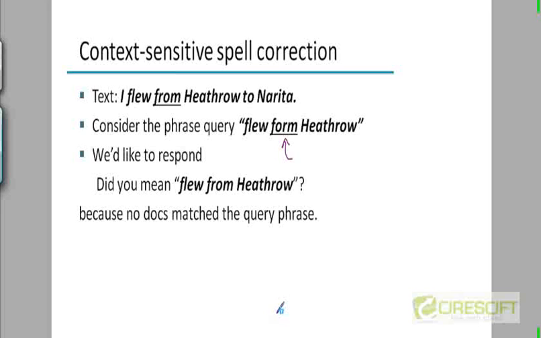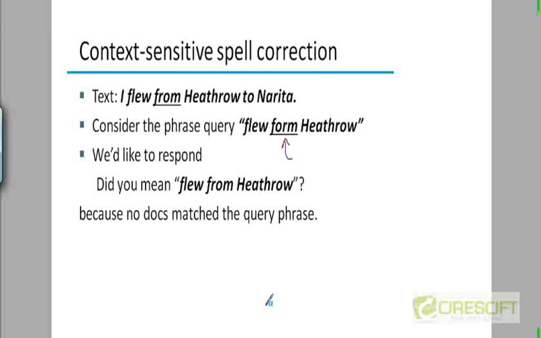Now Google does context sensitive spelling correction, and even versions of Microsoft Office after 2007 have context sensitive spelling correction. Before 2007, they didn't have context sensitive spell correction. They only did isolated word correction.